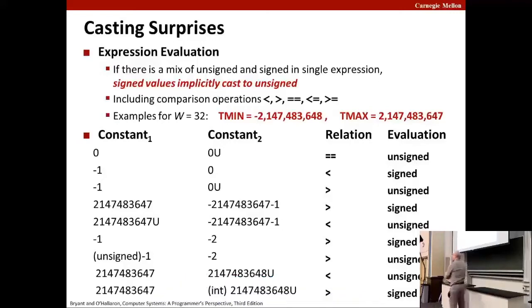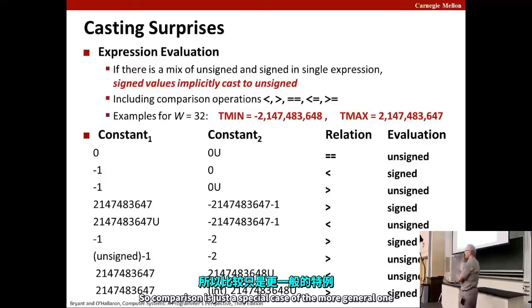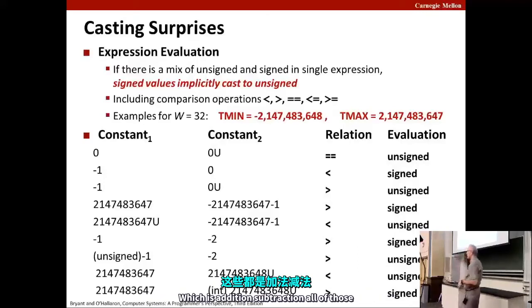Question? Do those rules also apply for arithmetic operations? So for example, if you did unsigned 0 plus -1, you would get U max? Yes. Comparison is just a special case of the more general one, which is addition, subtraction, all of those.